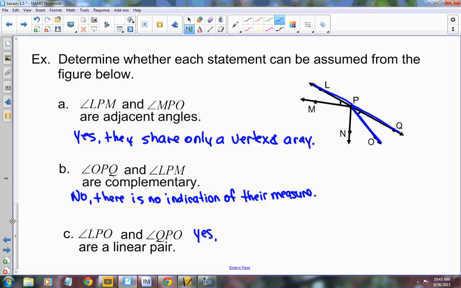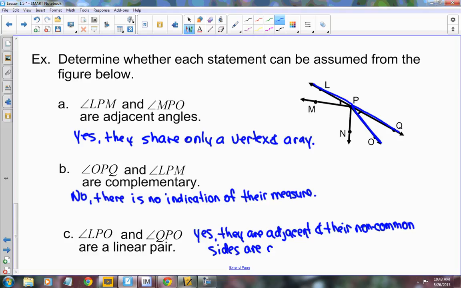Okay, so yes, they are adjacent and their non-common sides are opposite rays. Okay? Go back to the definition. That will help you determine one way or the other.